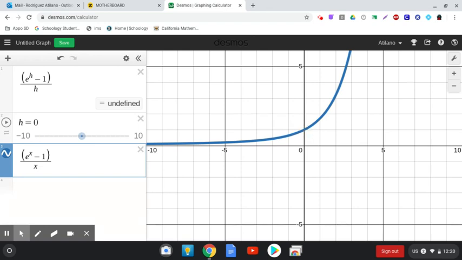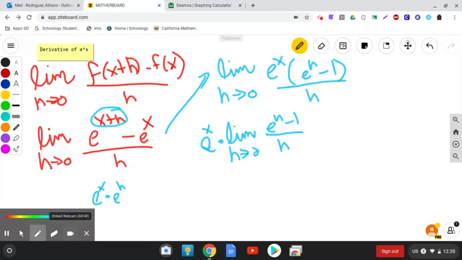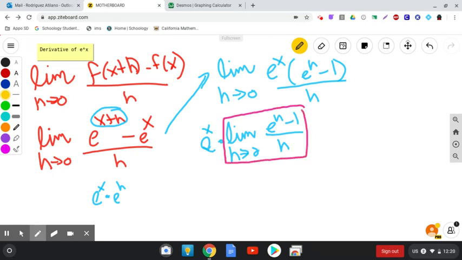So therefore, I can use this graph to justify why this right here is a 1. So I can say that it'll be e to the x times 1, which would just give me e to the x.